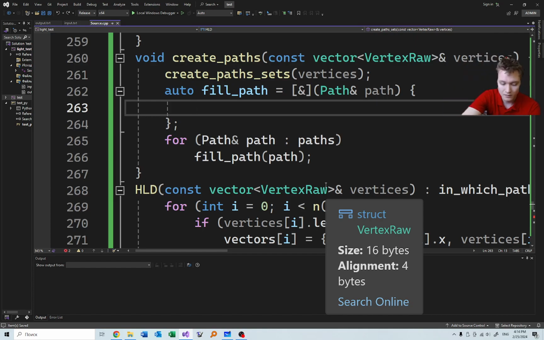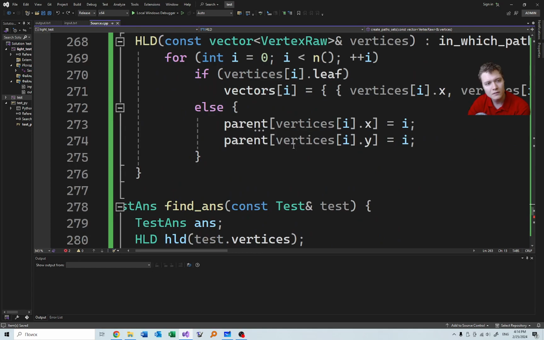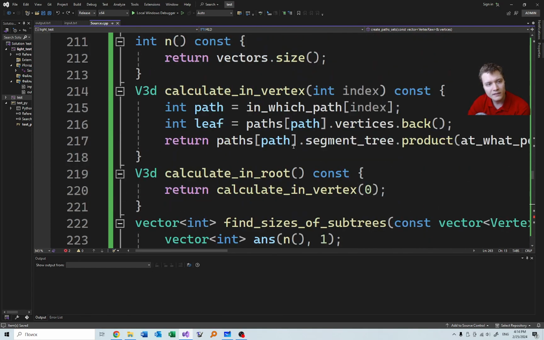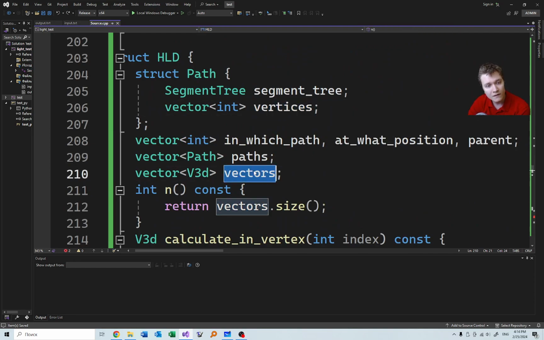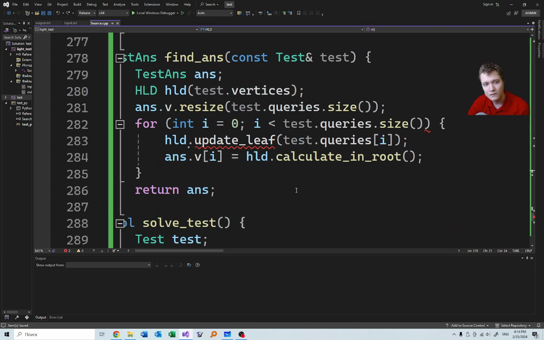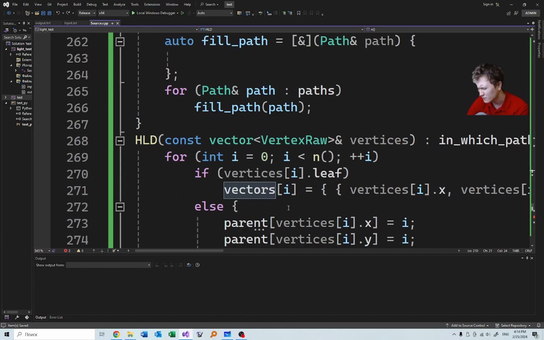Unfortunately, I think we need to calculate this thing, vectors, for all children.